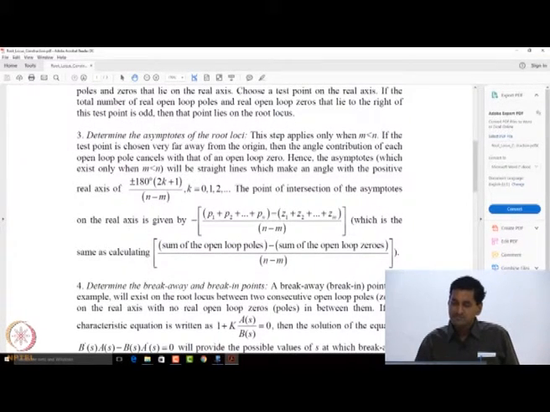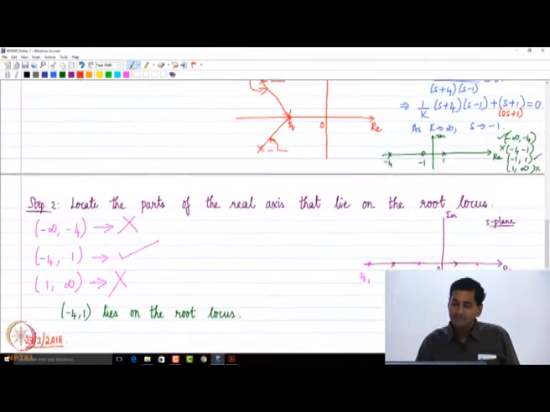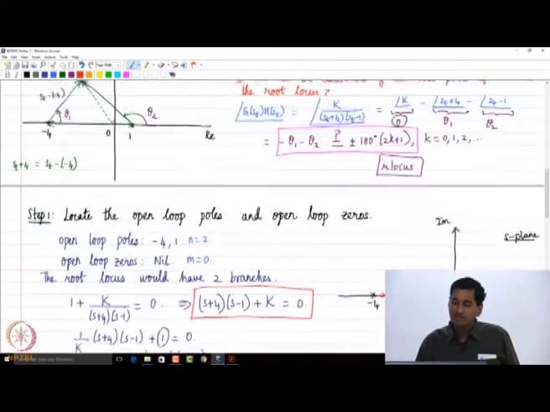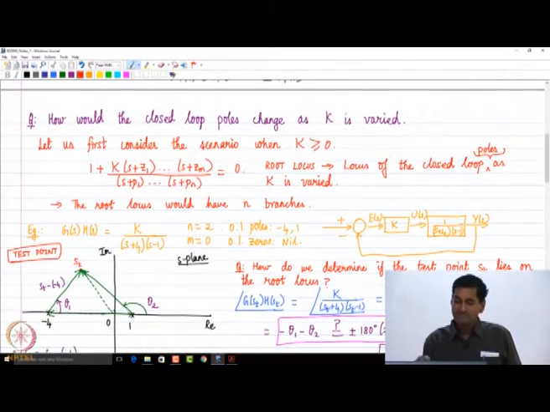Step 3 deals with determining the asymptotes of the root locus. Obviously this step applies only when m is less than n. If you recall, small m was the number of open loop zeros, and small n was the number of open loop poles.